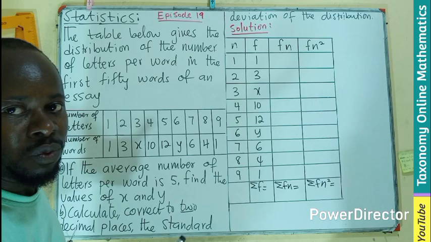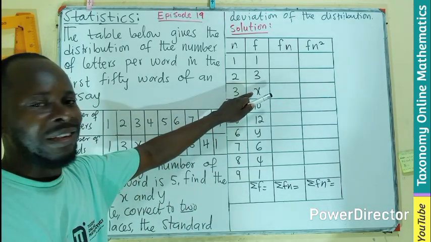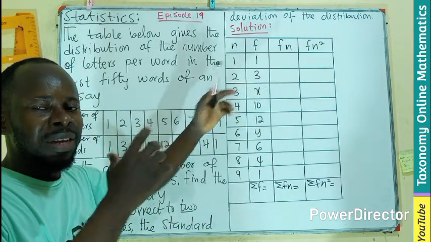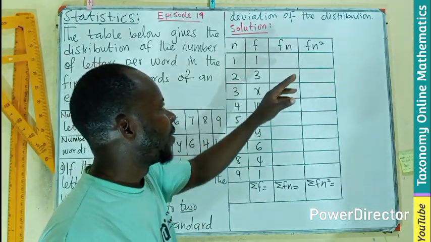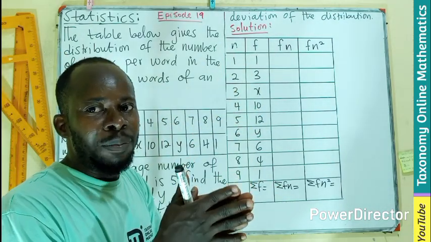We are using n because we wanted to make the x here distinct, not to be the same as the representation of the number of letters. So fn means the f and the n multiplying together.